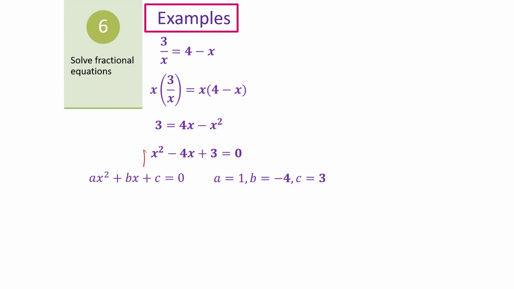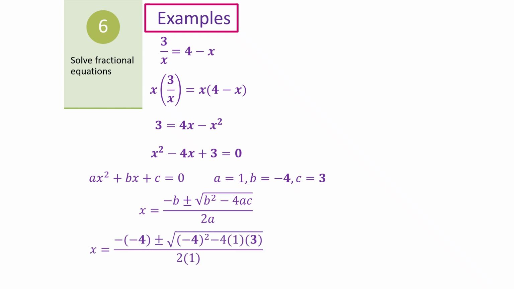And then the next step is we write down the quadratic formula, and we substitute in the values for a, b, and c. You can just use your calculator to evaluate this. This will give you x equals positive 4 plus, use your calculator to evaluate this one, that gives you 4 over 2.